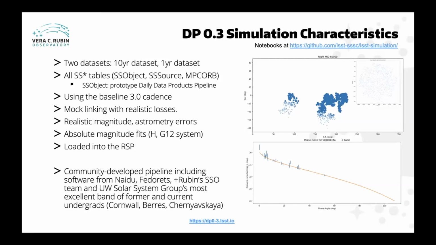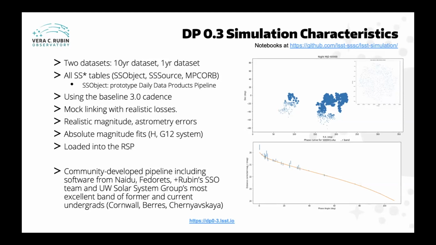The caveat with the 1 year, though, is that it is done under the assumption that we'll have templates from day 1, which, as you've heard before, will not be the case. We're going to be doing incremental templates. So there's going to be some hit in our ability to detect sources. So that's the caveat. These are probably upper limits.